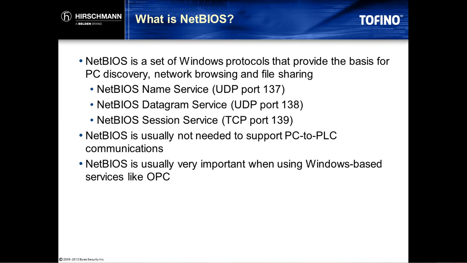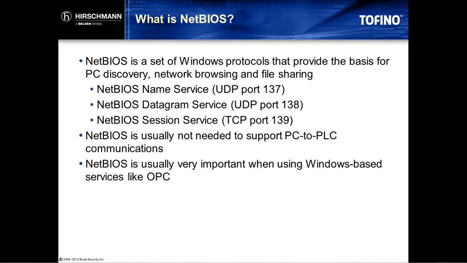This is very common, for example, when you're using Tofino to protect networks of OPC clients and servers. It is quite possible for OPC clients to connect to their servers using only the IP address of the OPC server, but it's much more common to see OPC clients configured to connect to the server by way of the OPC server's computer name.